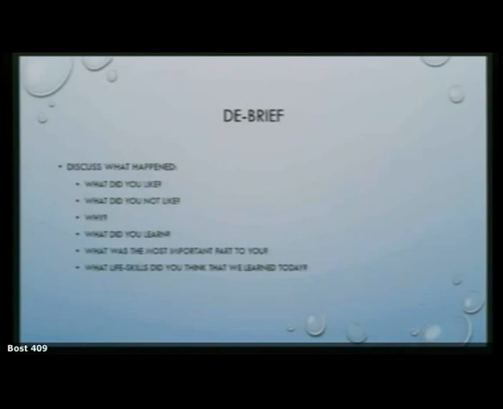And what life skills did you think that we learned today? This allows a young person to be engaged in the conversation. The student becomes part of the teaching as well as the learning process. They're engaged, they're active in the discussion, and they feel that their opinion is valued.